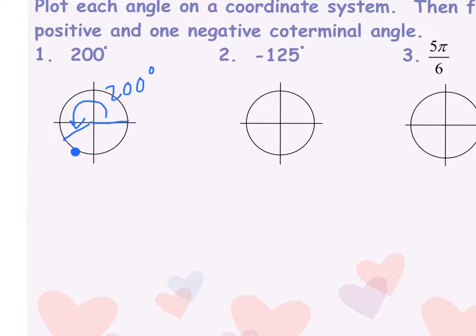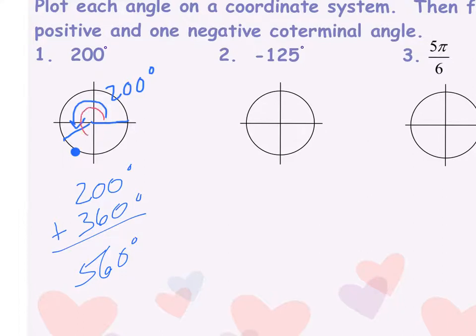That would be 560. It's the same position, so how do we mark on here that it would be 560? Well, I'll mark this one in red. It goes to the same position, but then we keep going again, which is like adding 360. So that's how I would mark in red that's a 560 degree angle.